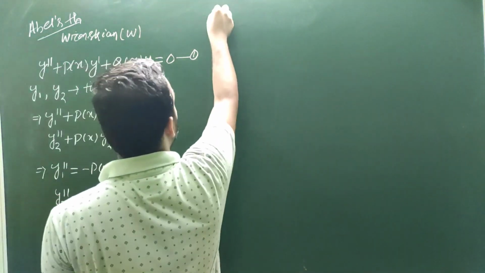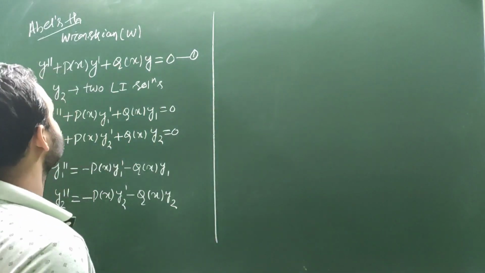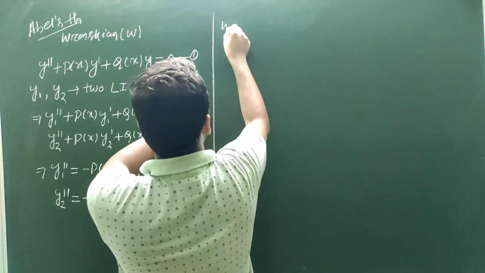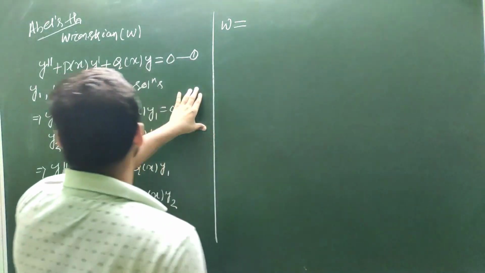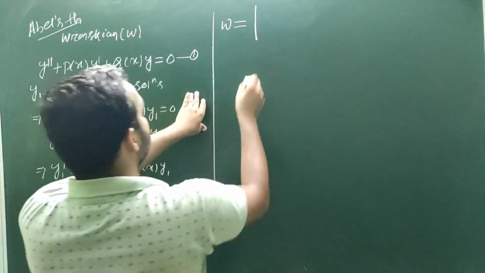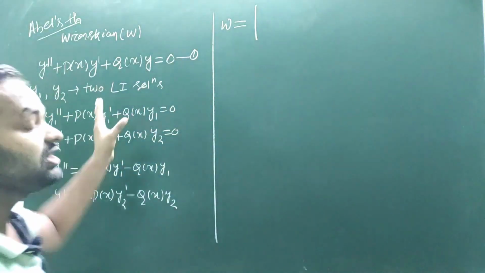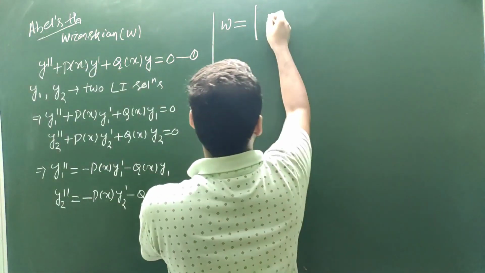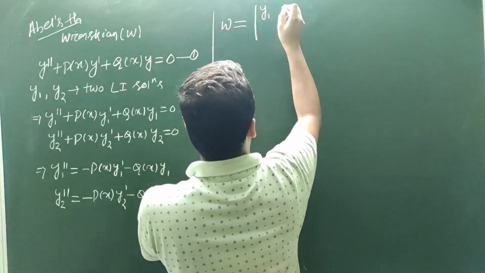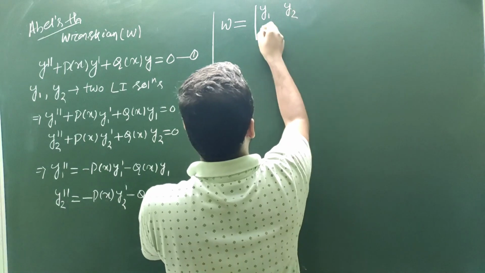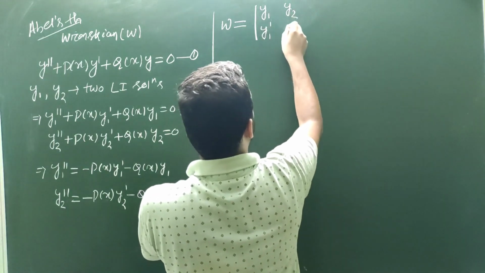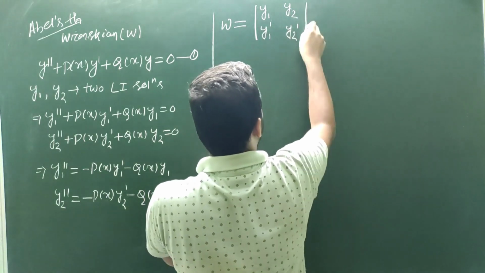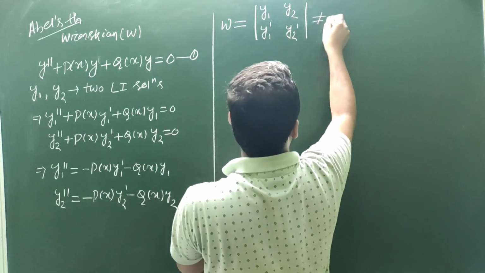Right, now let's see what this Wronskian is. The Wronskian, written as W, is the determinant of these two linearly independent solutions and their first order derivatives. So we write it as y1, y2, y1 prime and y2 prime, and this determinant is not equal to 0.